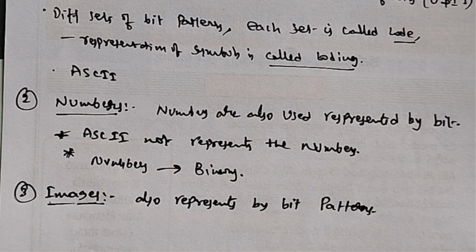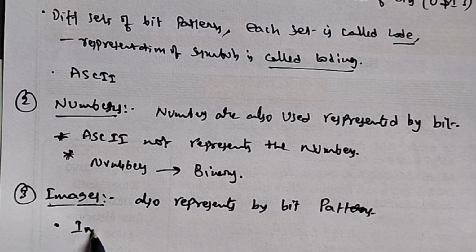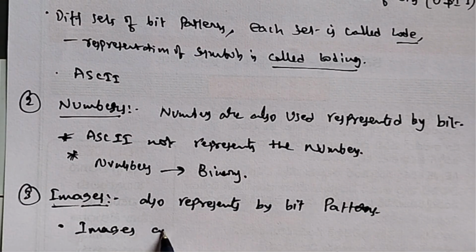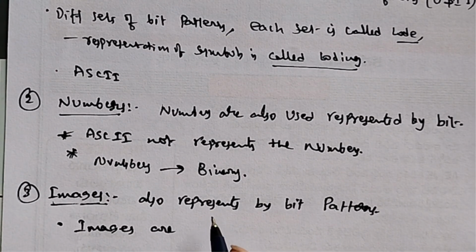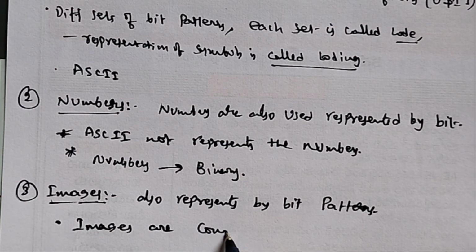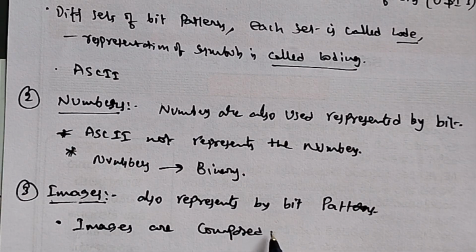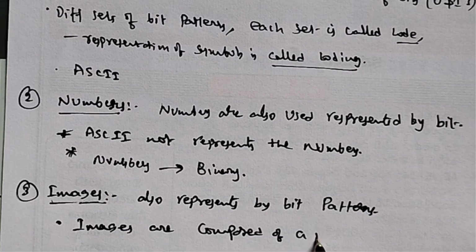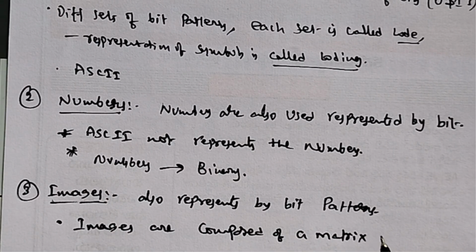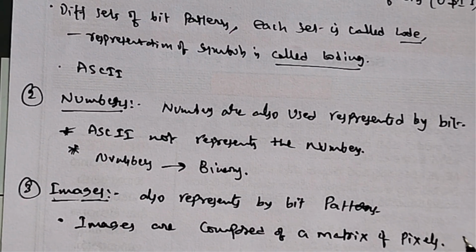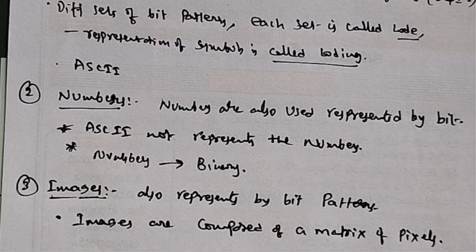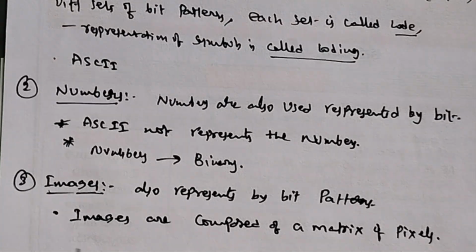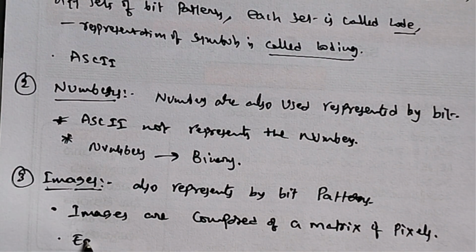An image is composed of a matrix of pixels. Pixel is nothing but a picture element, where each pixel is a small dot.